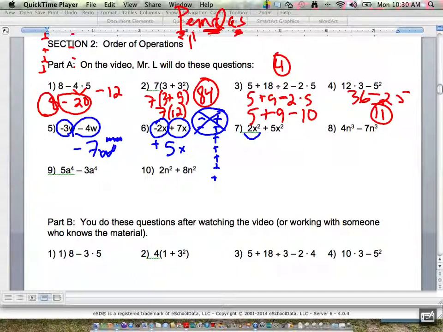I put them in my bag. Then I go to the store again, and I get 5 more X squareds. I put them in the bag. I go home, look in the bag. What's it tell me? X squareds. Bingo. 7x squared.